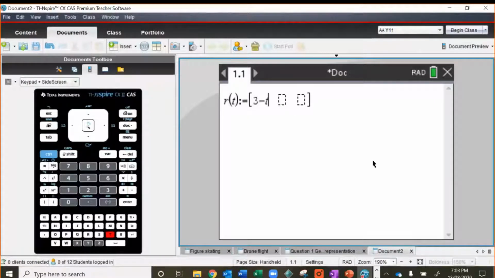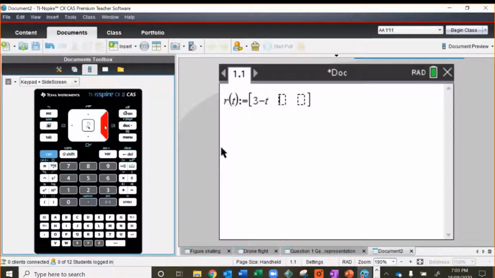3 minus t was the i component. So if I move to the next one, it was negative 6 square root 2 square root t. And we jump out of here and move to the k component, which was 5. So I have defined now the position vector.